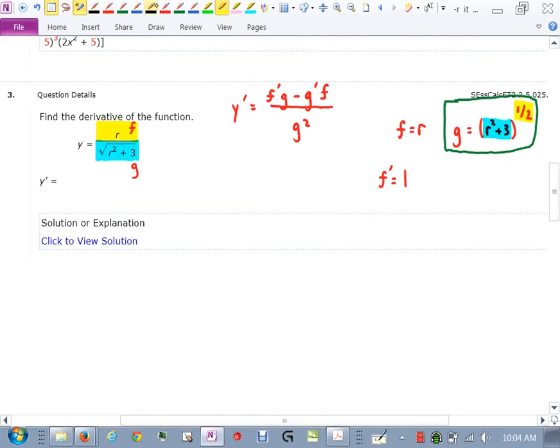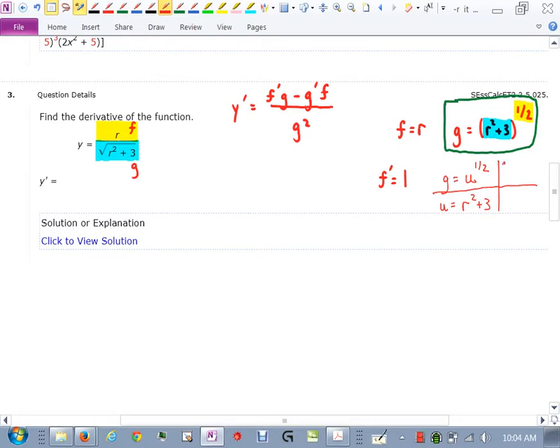So I'm going to write it this way. g is equal to something to the 1/2, and then that something inside is r squared plus 3. And I make my table. So I'm doing a chain rule just on this part. So taking the derivative of g requires a chain rule.